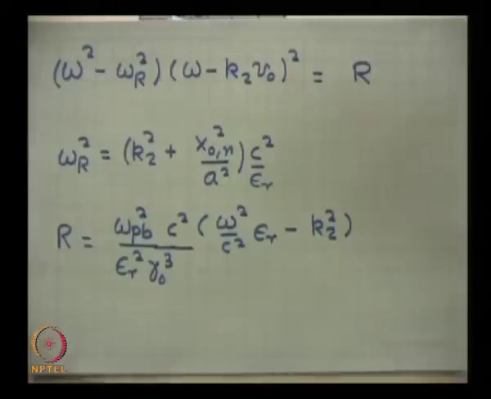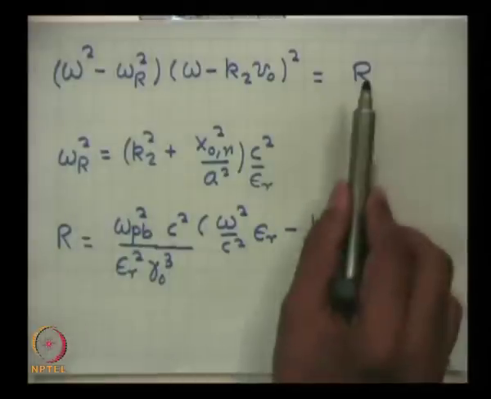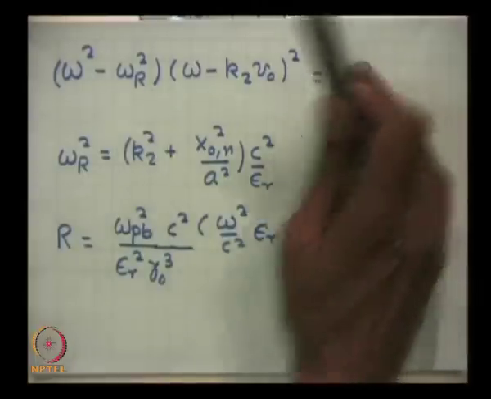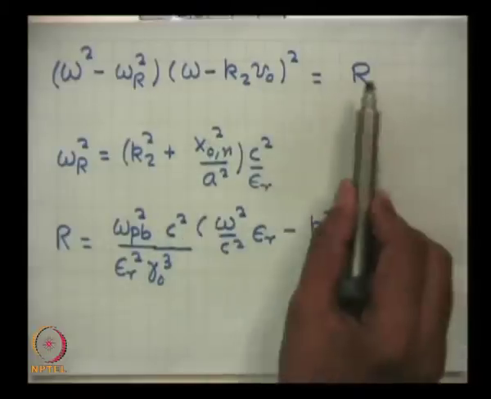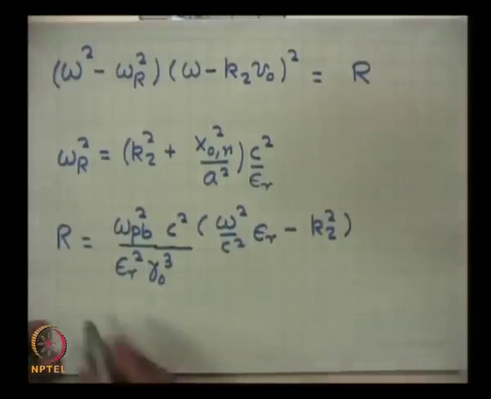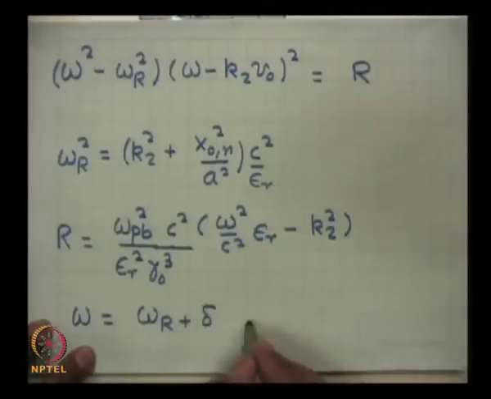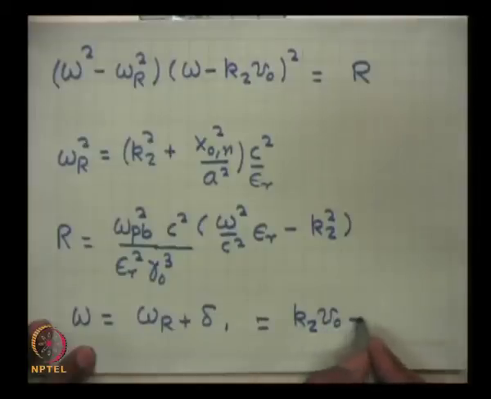Because of the beam, when the beam term is retained, the value of omega is modified, otherwise omega equals omega r or omega equals kz v0. But when r is finite, omega is not exactly equal to omega r, we say that omega is equal to omega r plus delta, which is also the same thing as kz v0 plus delta, because I am choosing omega r equal to kz v0.